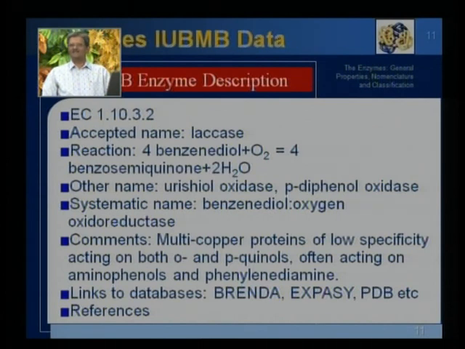And finally, in the information which you retrieve is a list of references which says who discovered this enzyme for the first time, or who have analyzed and studied it to a greater depth, or who have submitted it for the purpose of classification and naming, etc. So this type of bibliographic information is also available within the IUBMB database.